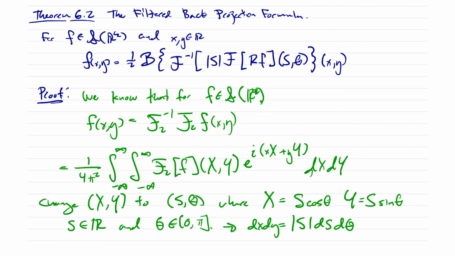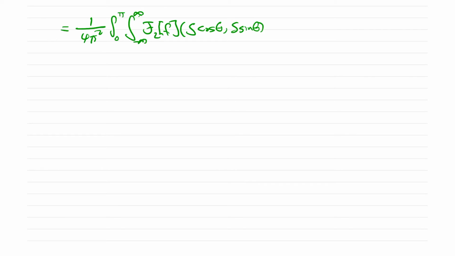Okay, so employing that, this is what we get. We have 1 over 4 pi squared times the integral from 0 to pi times the integral from minus infinity to infinity of the two-dimensional Fourier transform of f at S cosine of theta, s sine of theta, and this times e to the i s times x cosine of theta plus y sine of theta.